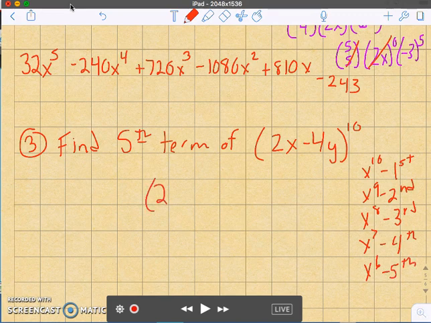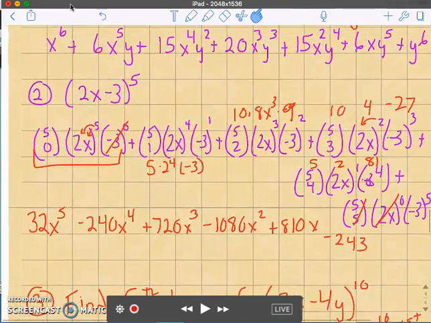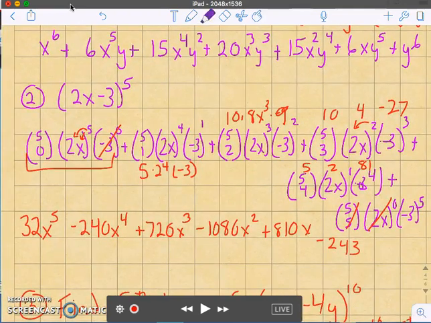So we're looking for 2x to the 6th times negative 4y. Well, it's the 10th power, so that has to be 4. And in the front, it's 10, and it's always choose this second one. So 10c4.